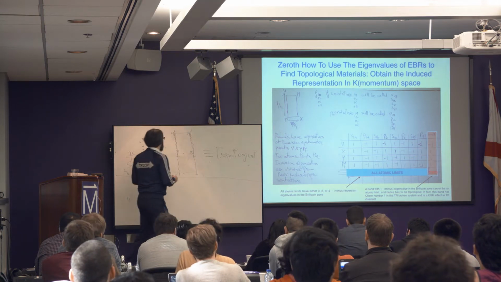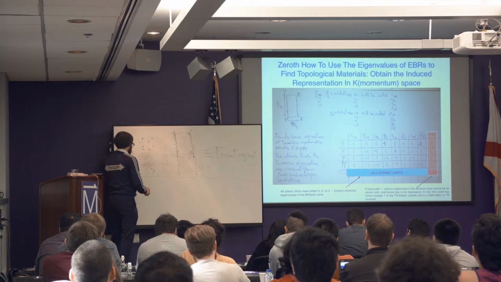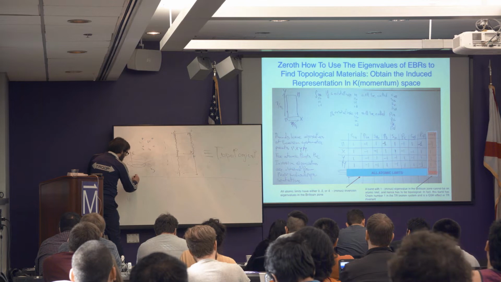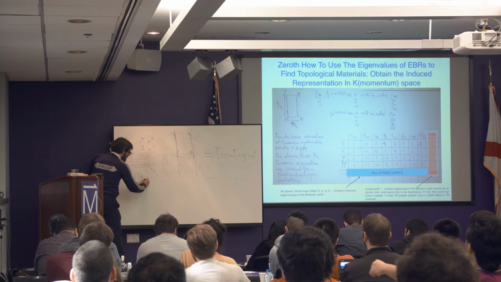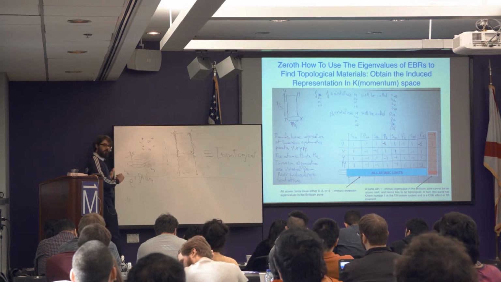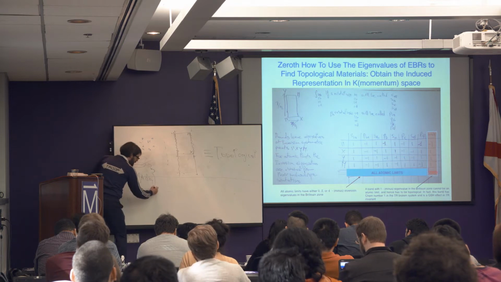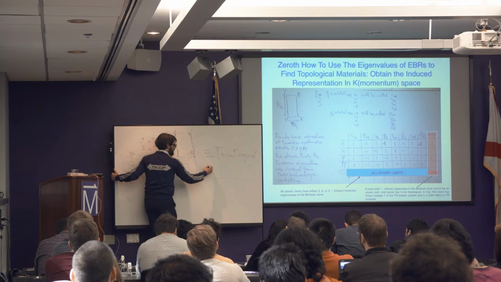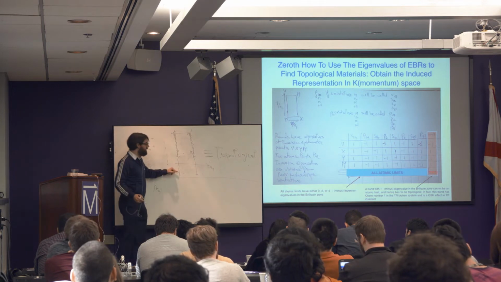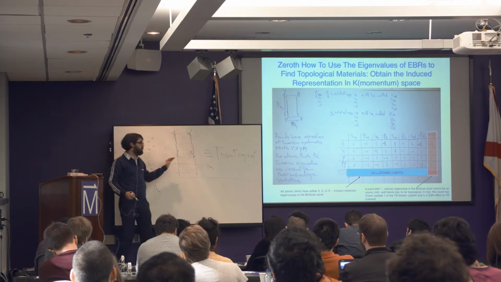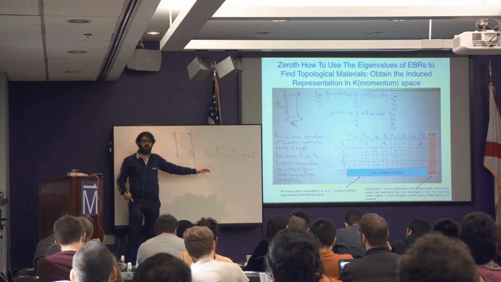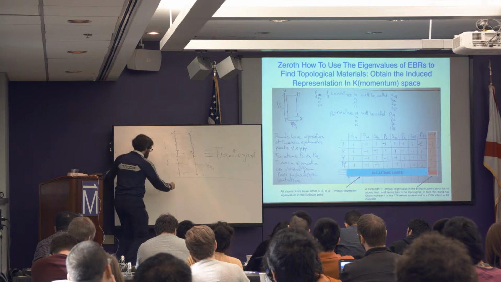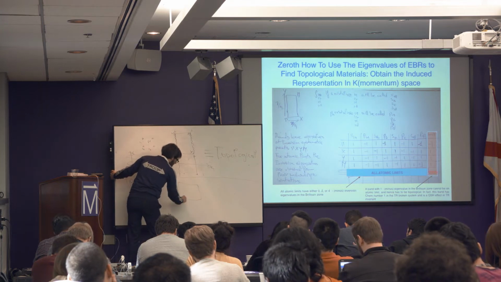Okay. So now what we're going to do is compute e to the i integral of A dky as a function of kx. This is kx. So you take the Berry phase in the y direction as a function of kx. Yeah? And I'm going to plot it as a function of kx. So let's plot the Berry phase.